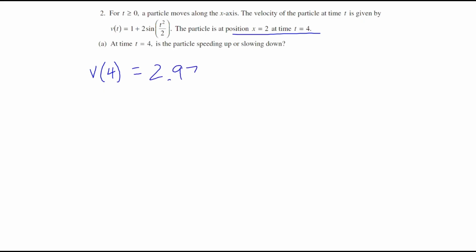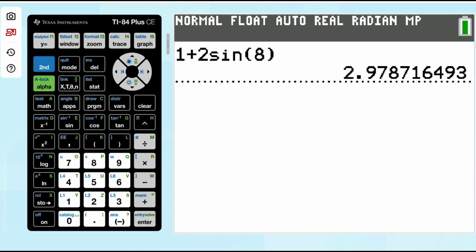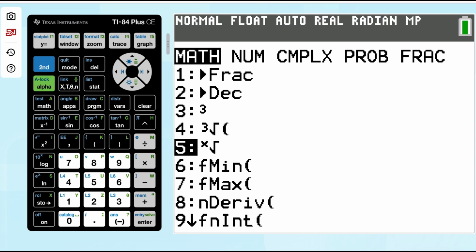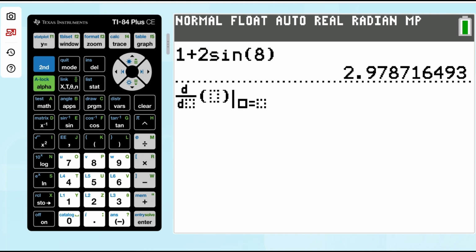And I'll note the important thing about that is that it's positive. And then I want to find the acceleration. So I'm going to need to find v prime of 4, which is a of 4, and see what that is. And our calculator will do that for us as well. So we're just going to hit math. We'll go down to option number 8, nDeriv.